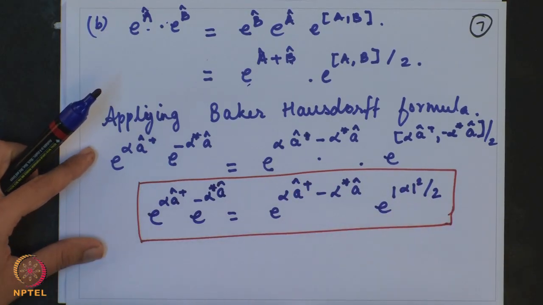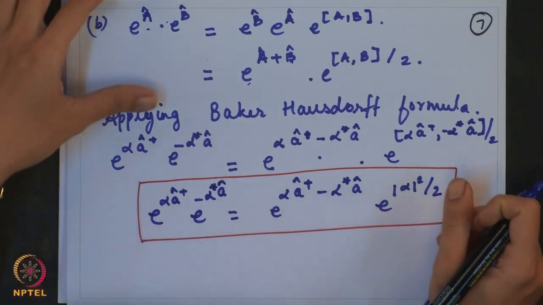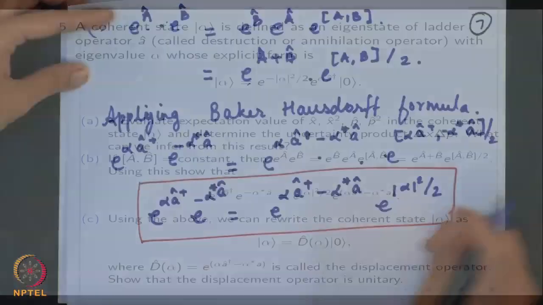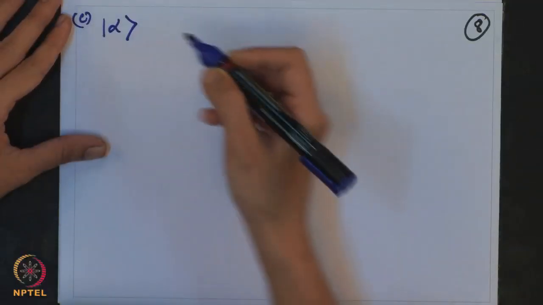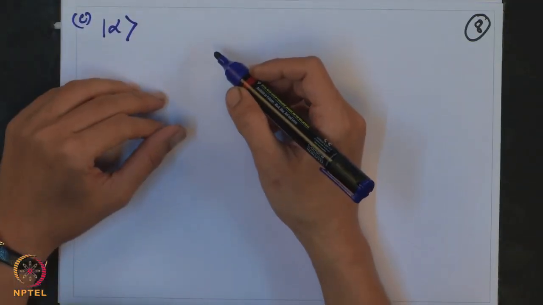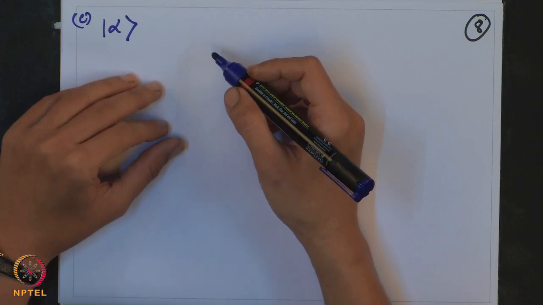These relations will be useful in proving other results also. So, now the C part is that we can rewrite the coherent state in terms of the displacement operator. Can we do that? Now, let us write the displacement operator in terms of the coherent state.